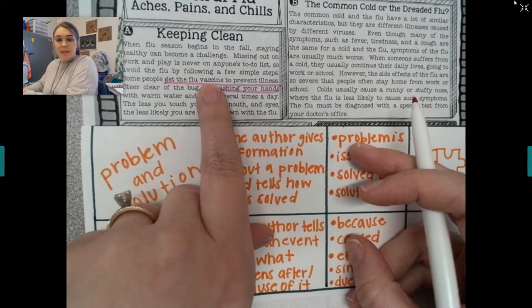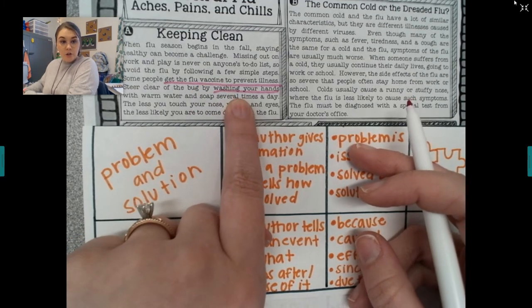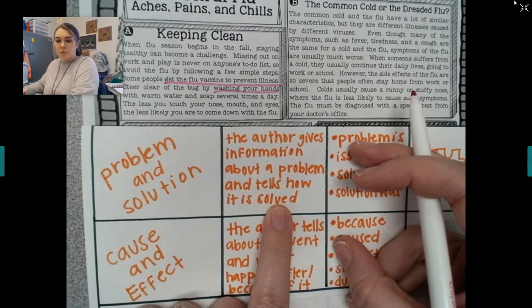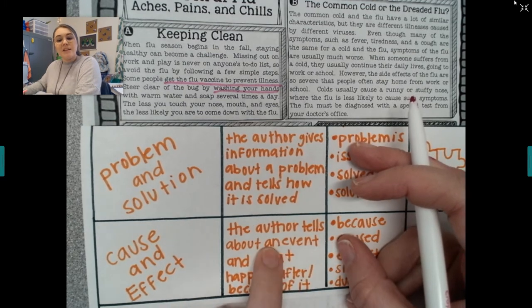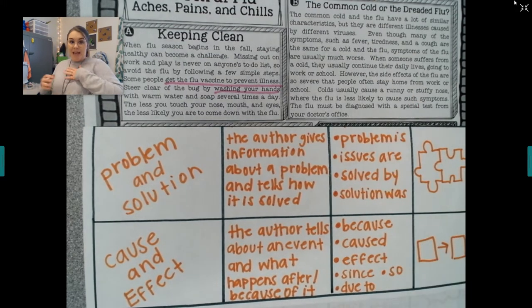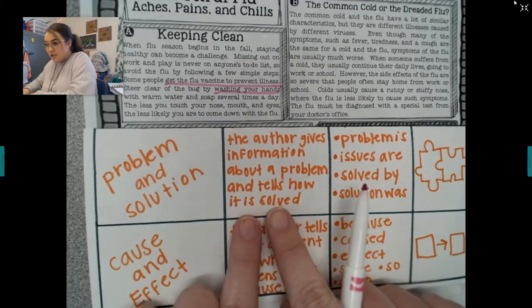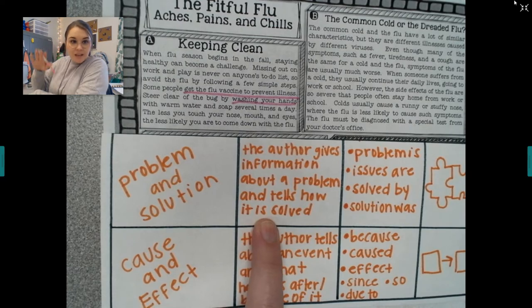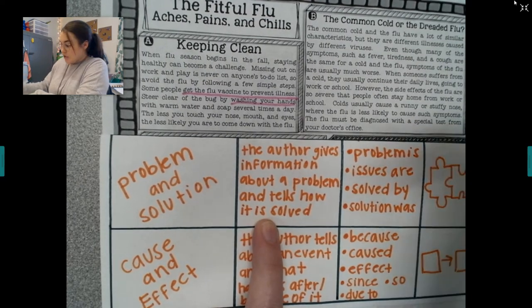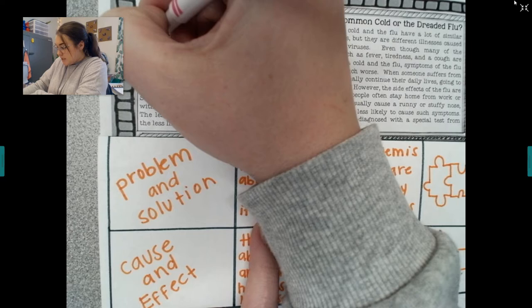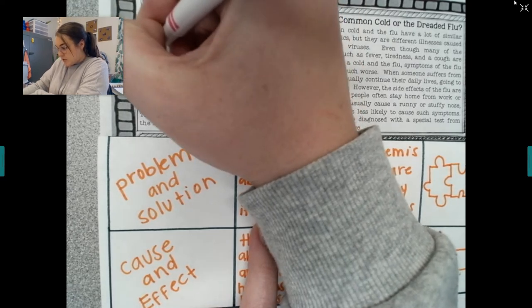Well, they told us we can get the vaccine, or we can wash our hands. That seems like a solution to me. If it was cause and effect, I think they would say something about the flu, right? And then they would tell me the effect the flu has on me, like coughing or runny nose or chills or a fever. But they didn't say that. They told me how to solve the problem, how to not get the flu, right? So I'm thinking this one is problem and solution.